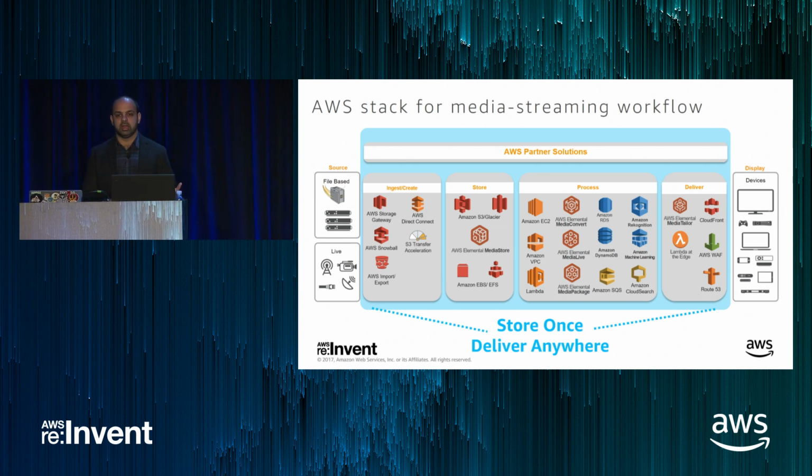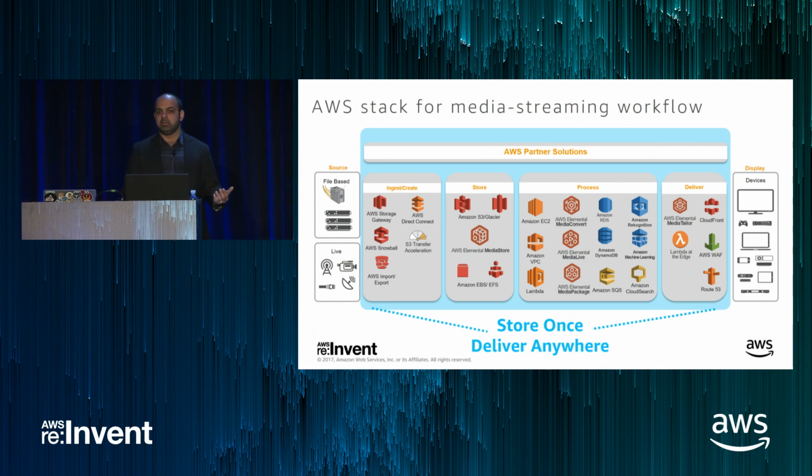You can look at network capabilities like Direct Connect, S3 Transfer Acceleration, Storage Gateway, et cetera, that allow you to really ingest file-based content at scale. AWS Elemental also offers on-premises appliances that enable live streaming workflows directly integrated into the cloud-based services that are offered, like Elemental MediaStore or Elemental Live, et cetera.